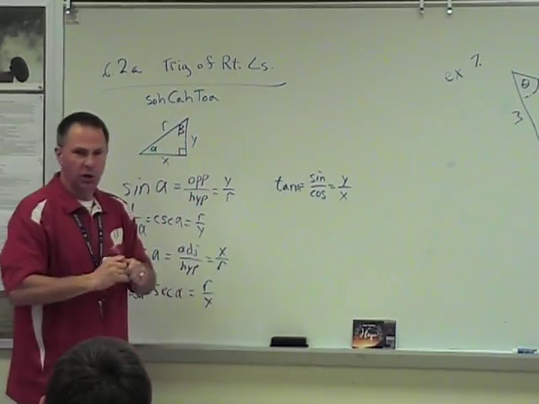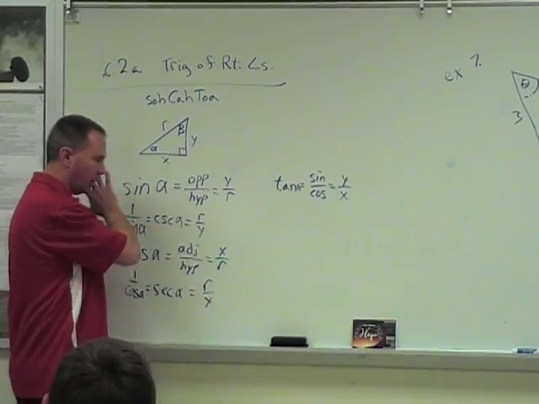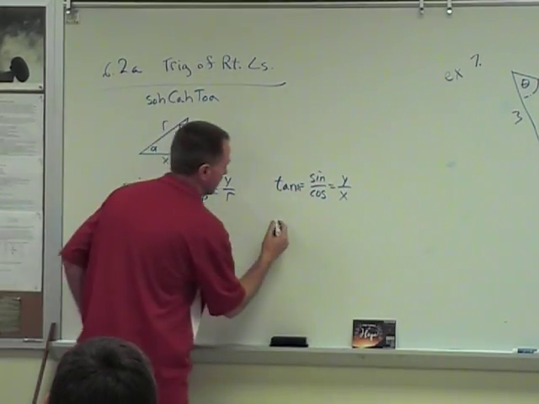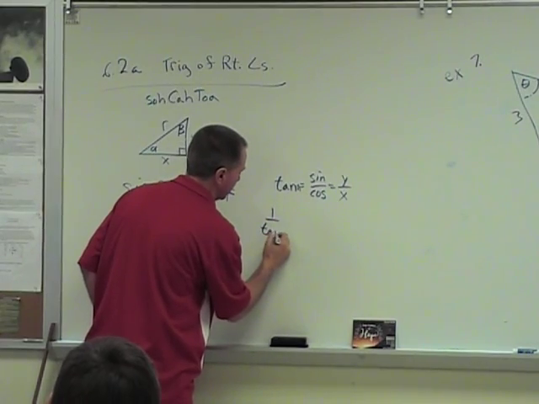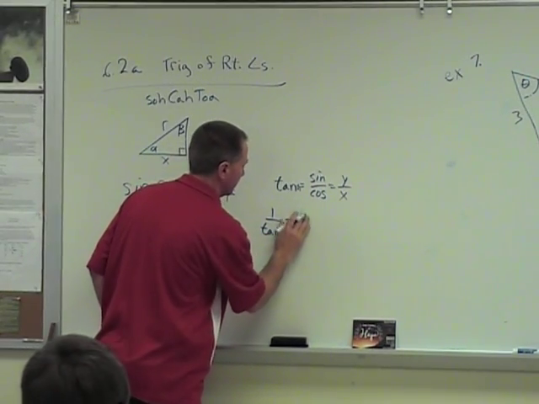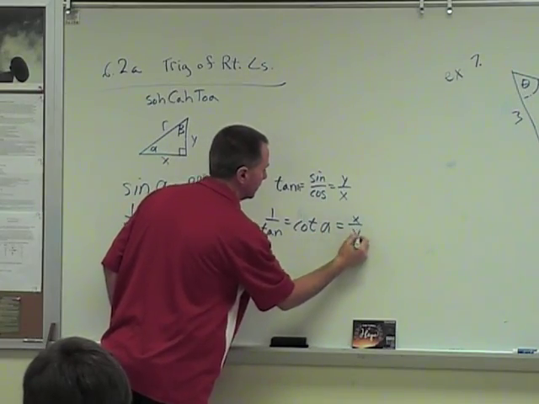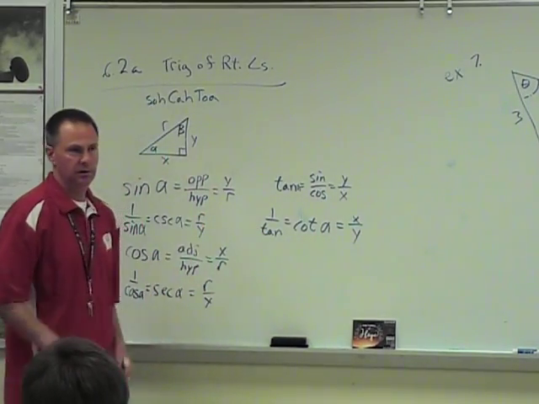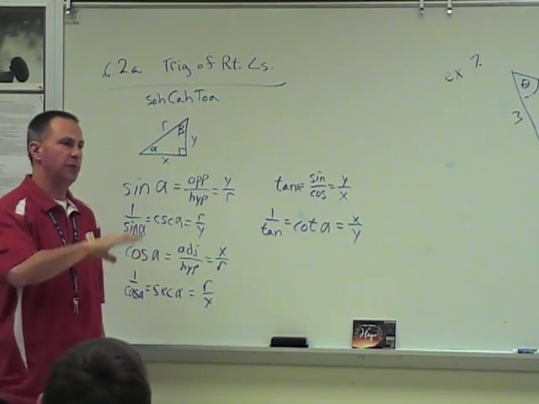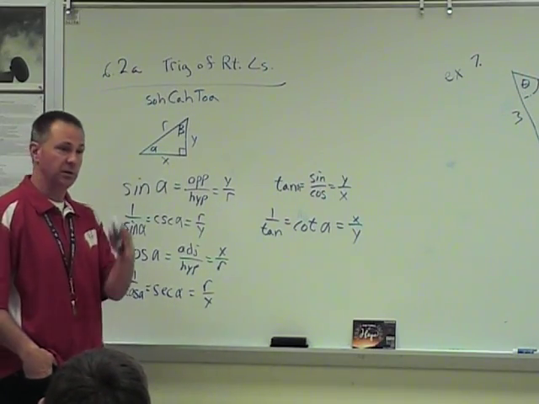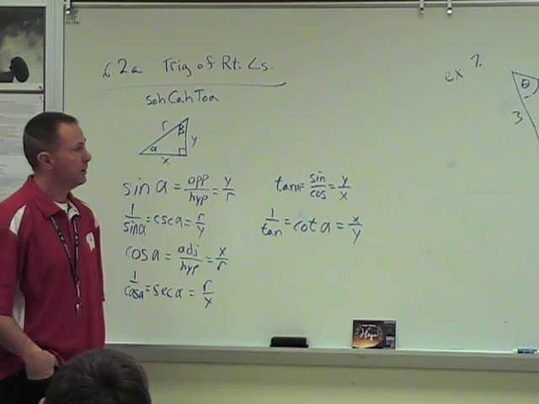So if you only know sine and cosine, you can do all 6 trigonometric functions. Okay? So the reciprocal of the tangent is going to be cotangent of alpha, which is just the reciprocal of what the tangent is. Very basic stuff. We had this in algebra. We went through that pretty quickly, but it should be familiar to you. We also did it at the beginning of the unit circle.